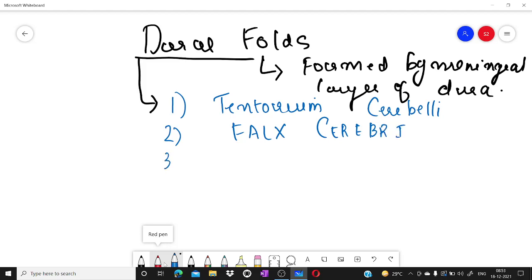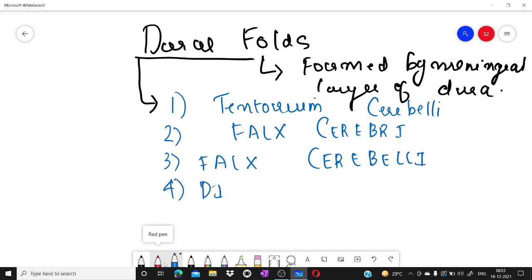The third one is the falx cerebelli. And the fourth one is the diaphragma sellae. So these are the four dural folds which are formed by the meningeal layer of the dura. We are going to discuss each of them separately.